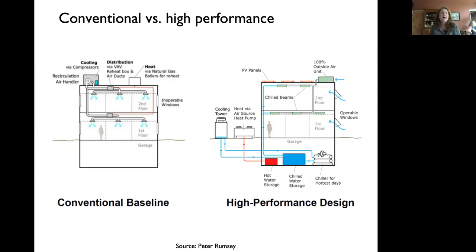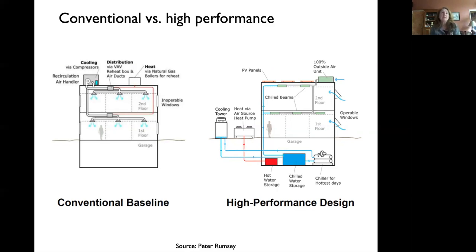On the left is an example of a conventional system where you can either have everything in this rooftop packaged unit on top of the building, which is what is shown in this particular building, or you can break it apart and have the centralized heating and cooling in a plant, in a centralized room.